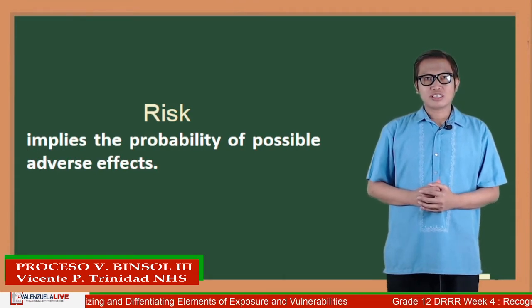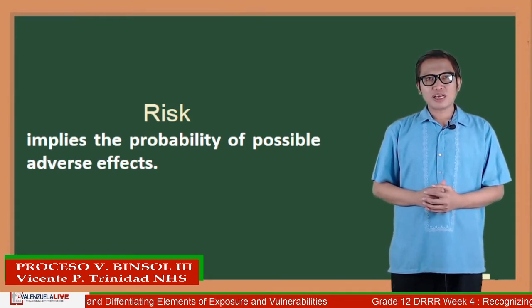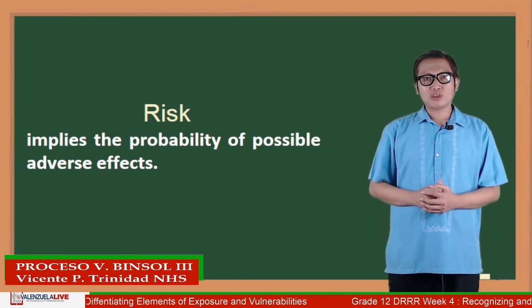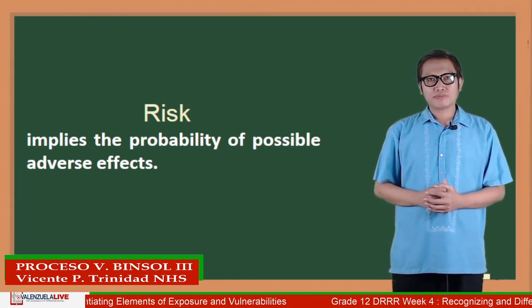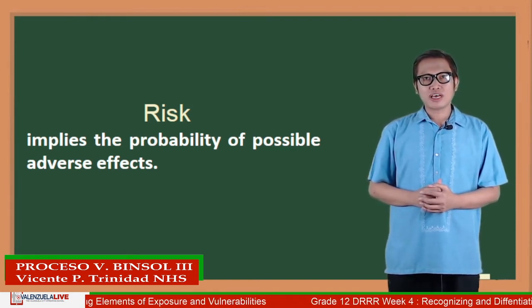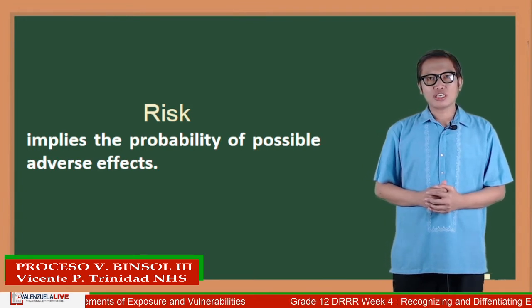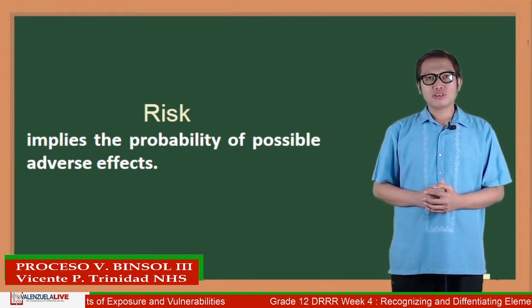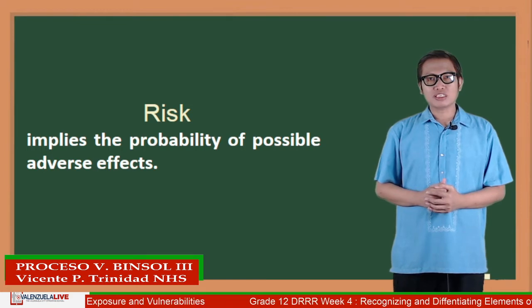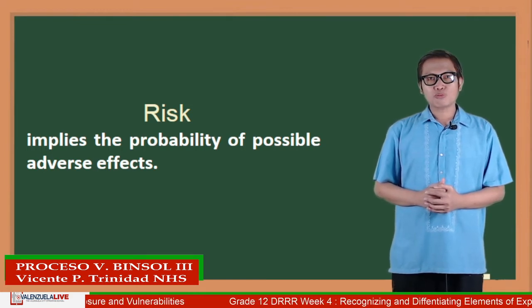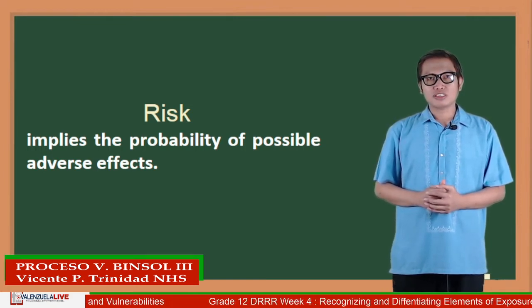And risk implies the probability of possible adverse effects. This results from the interaction of social and environmental systems, from the combination of physical danger and exposed item vulnerabilities.